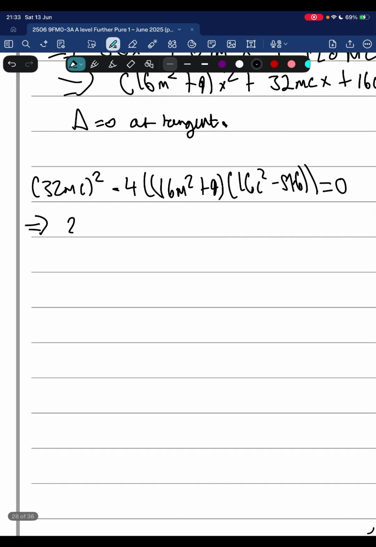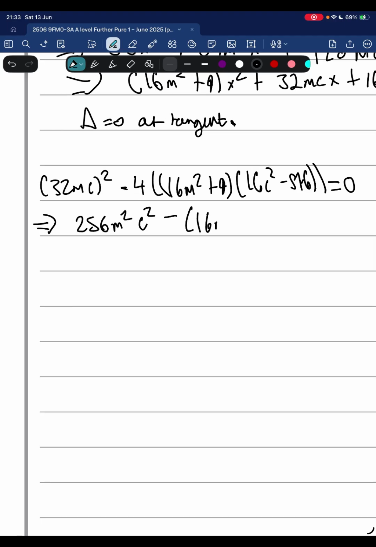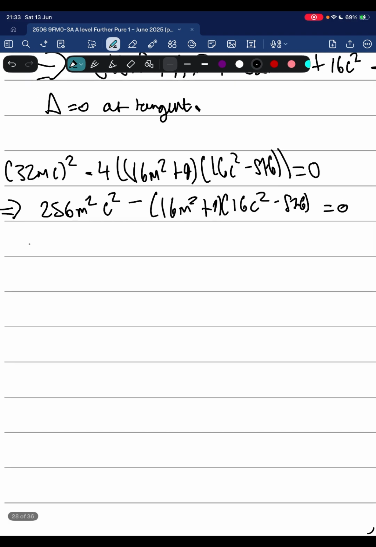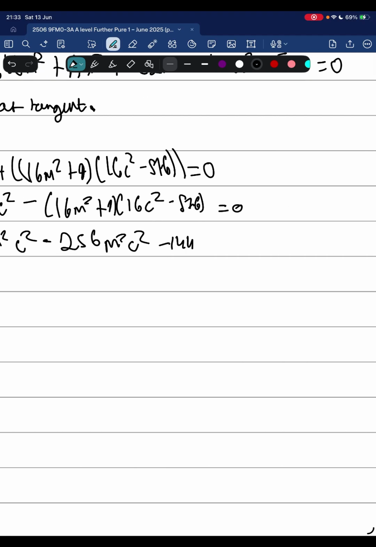So we're going to get 256m squared c squared minus 16m squared plus 9 times 16c squared minus 576 equals 0. So that implies 256m squared c squared minus 256m squared c squared, we see cancellation, 144c squared.